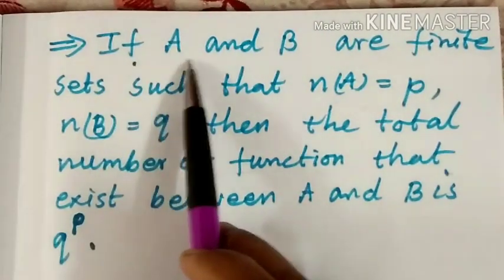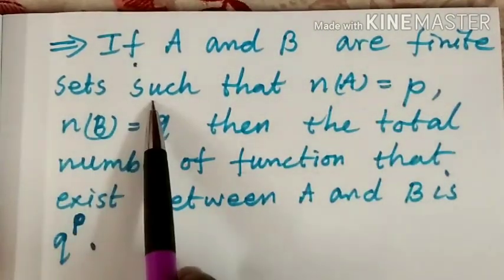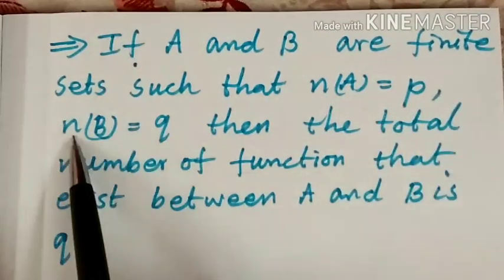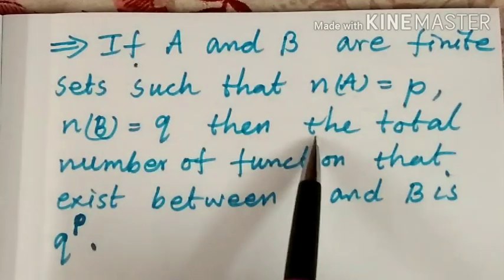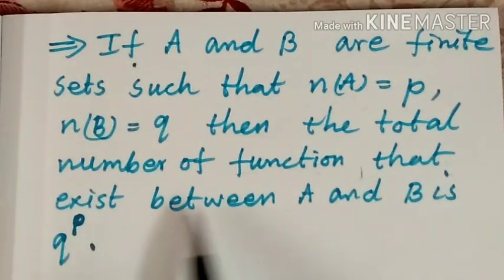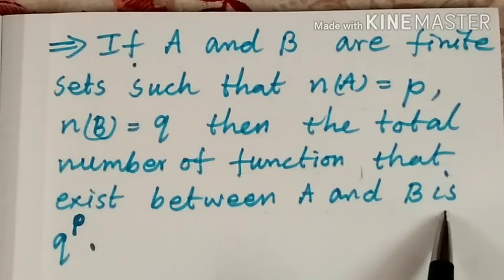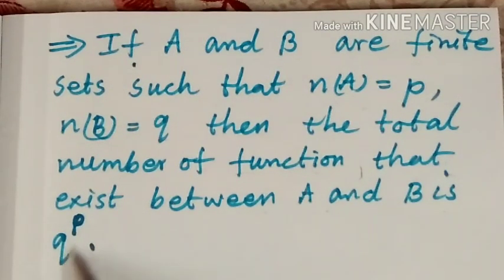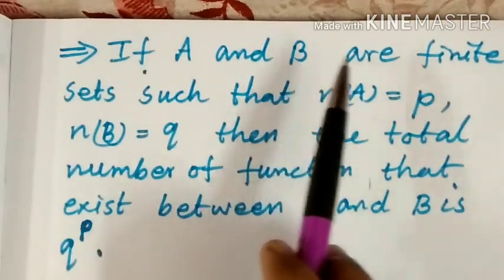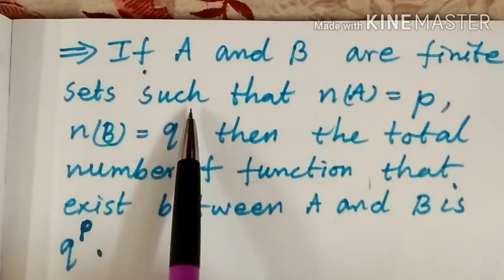Finally, if A and B are finite sets such that n(A) equal to P, n(B) equal to Q, then the total number of functions that exist between set A and set B is Q power P, which means set A and set B have countable elements.